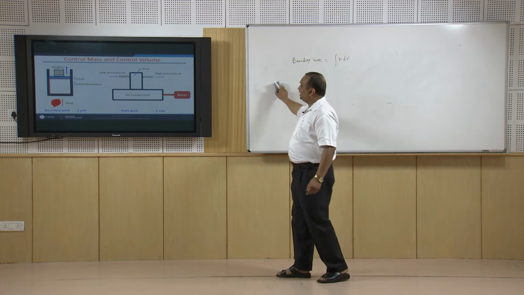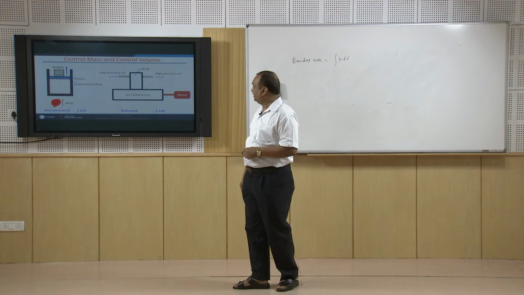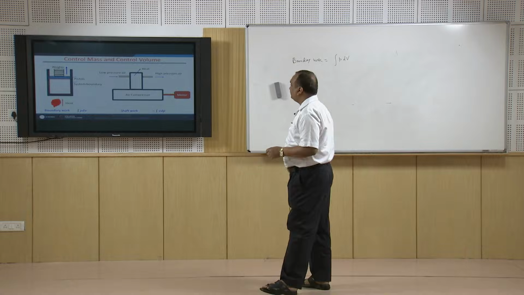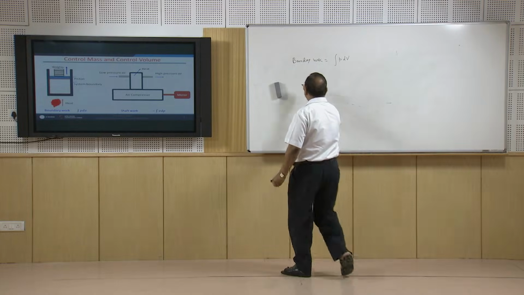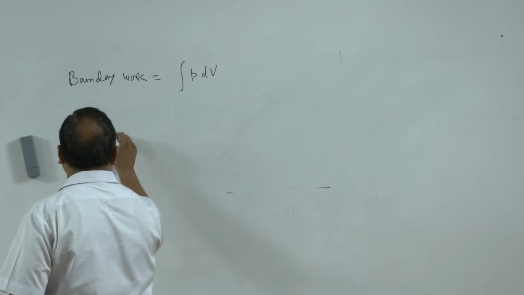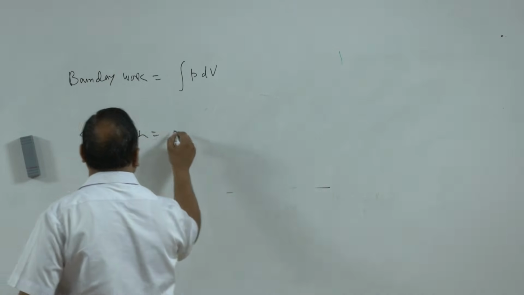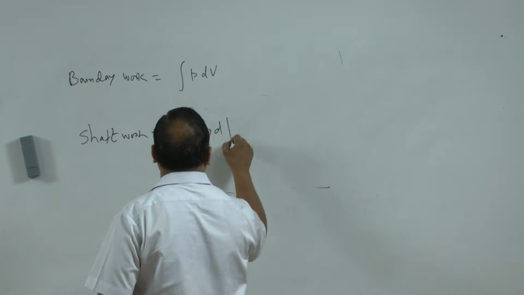Now another type of work is shaft work. The example of shaft work is an air compressor. In an air compressor, there is no movement of the boundary, and low pressure air enters from one side and high pressure air leaves from the other side. This pressurization of air is done with the help of a motor, and because work is done on the system, the shaft work is equal to minus VdP.